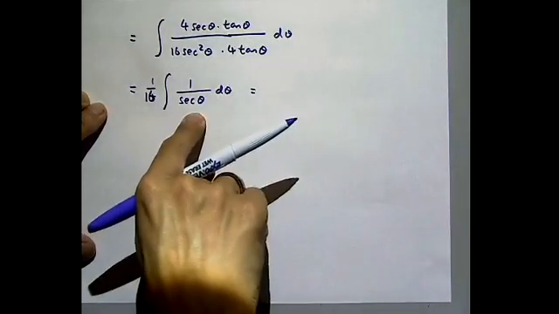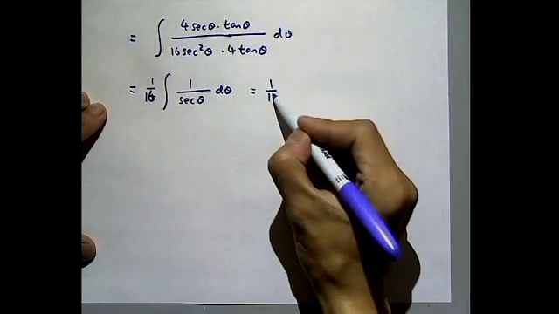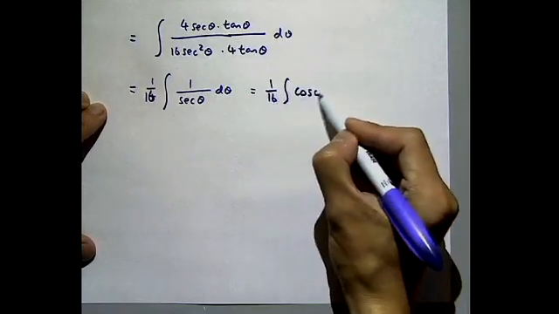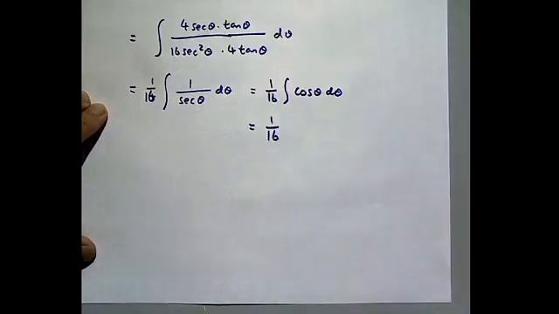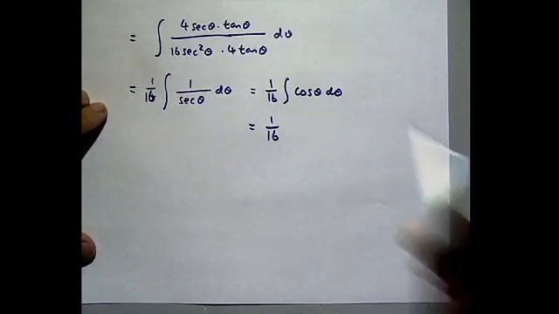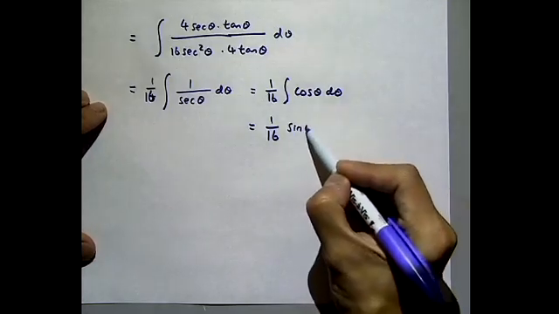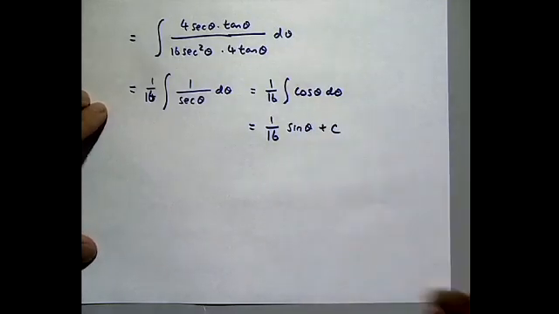And that's a cosine, right? 1 over 16, cosine. So integral of cosine, positive, negative? Positive, good. Plus some constant.